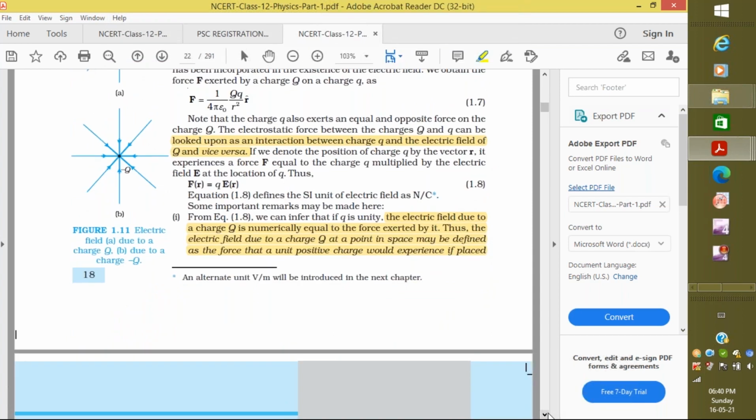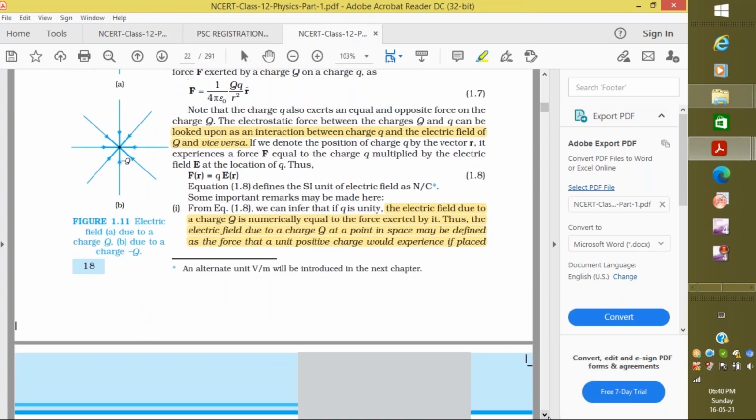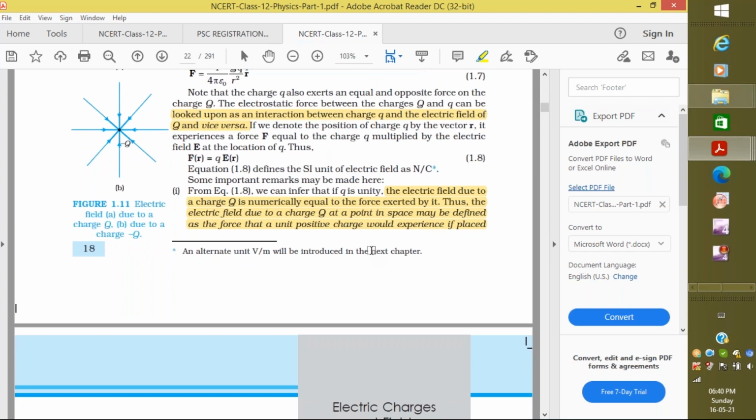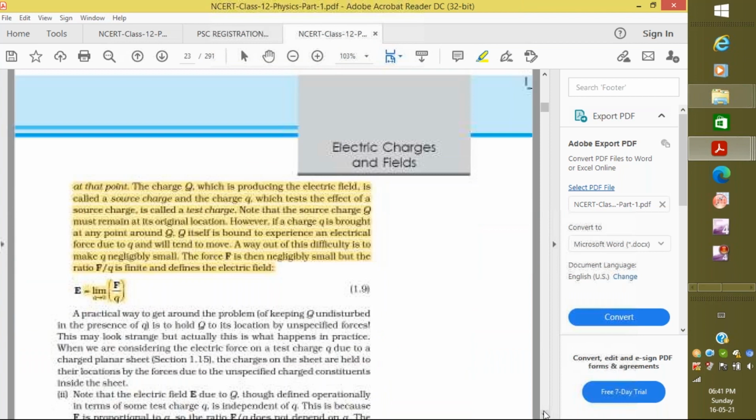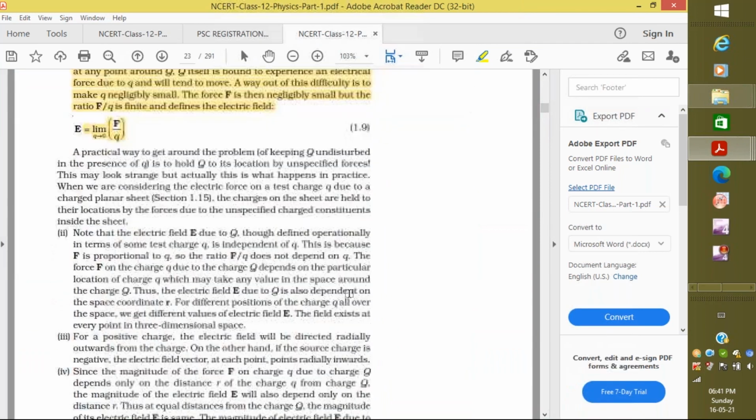The force experienced by that unit positive test charge is defined as the electric field at that point. This is the formal definition of the electric field.